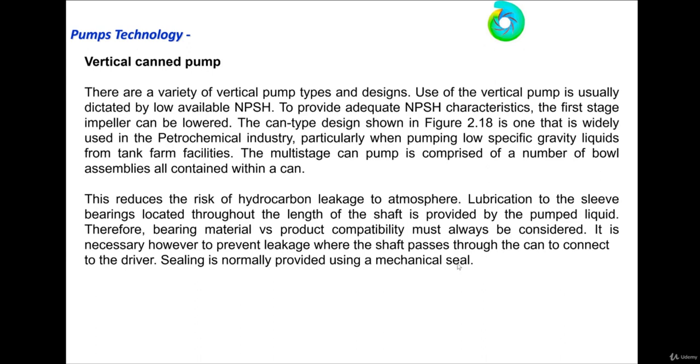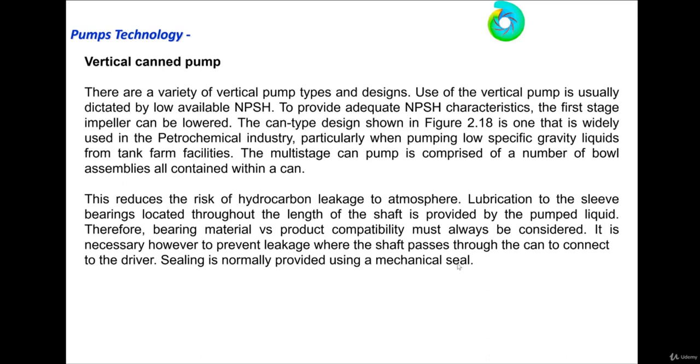The first one is the net positive suction head available of the system is very low comparing to the pump NPSH, and the pump NPSH for the single stage you are getting from the vendor's data, and we will do this later on.